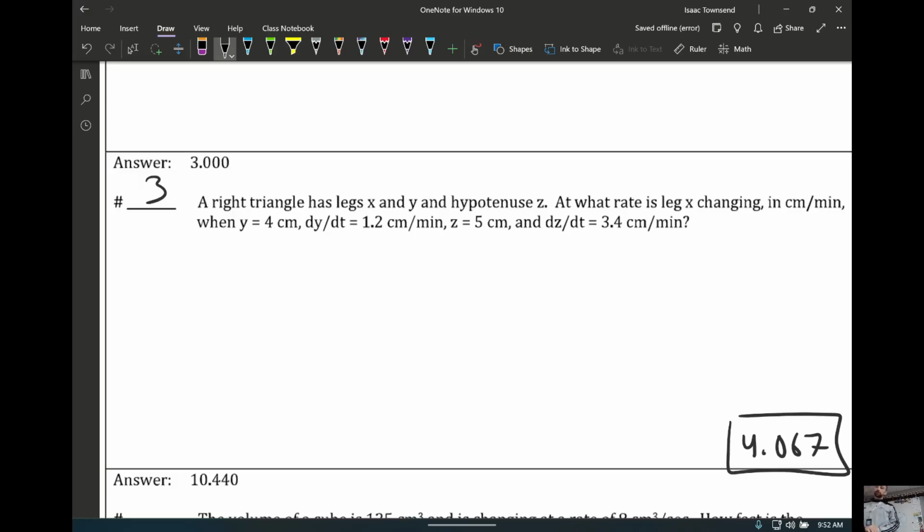I think everyone's had time to get to 3 by now. Does anyone need to see 3 worked out to come up with that as an answer? 4.067. Okay, so we'll offer again here in a few minutes then.